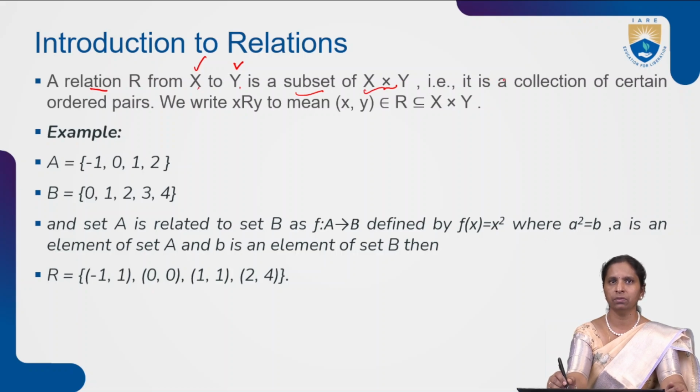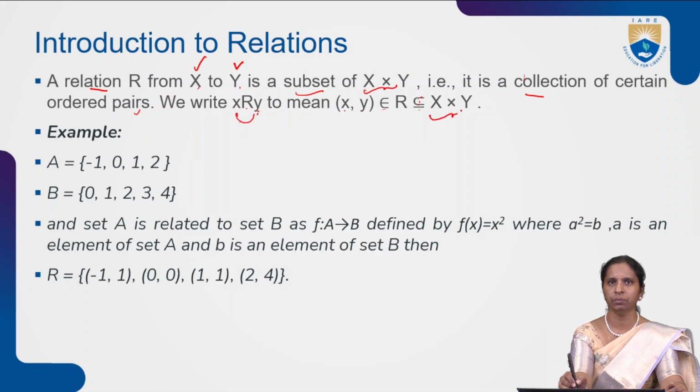It is a collection of certain ordered pairs, not all the pairs, only certain ordered pairs. That is called a relation. Therefore, if you want to write the relation from set x to set y, how do you present it? x R y. So x is related to y. It means (x, y) belongs to R, where R is a subset of the Cartesian product.